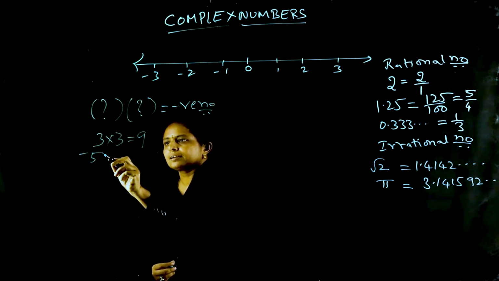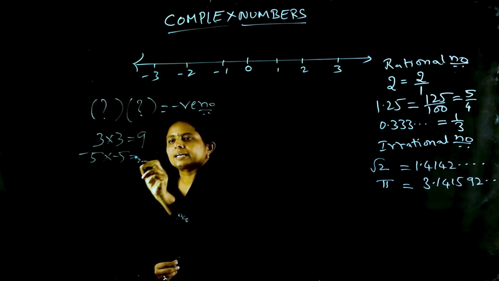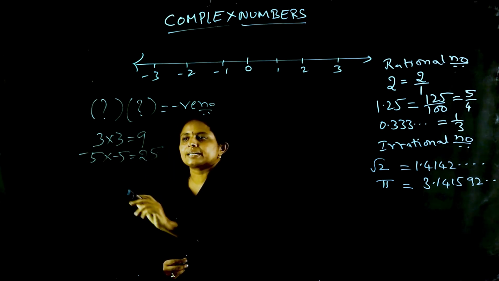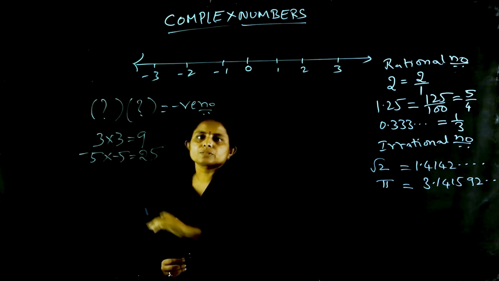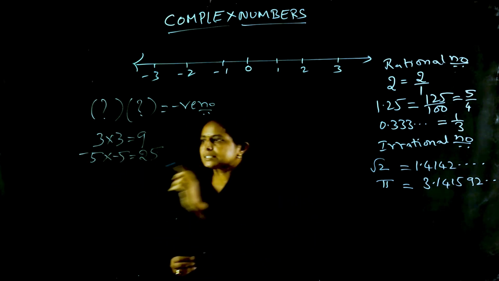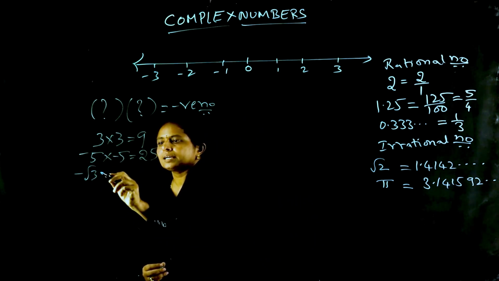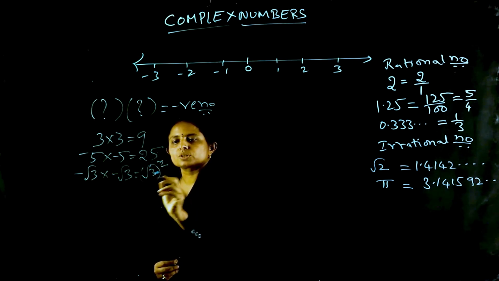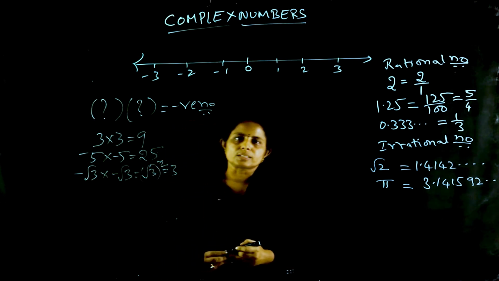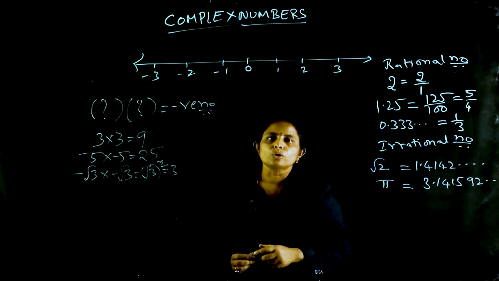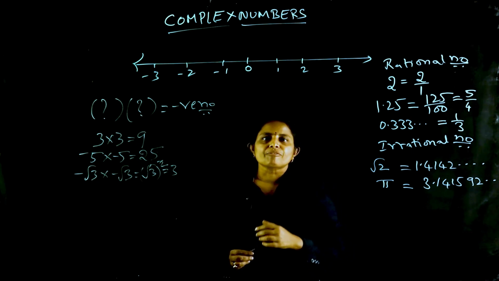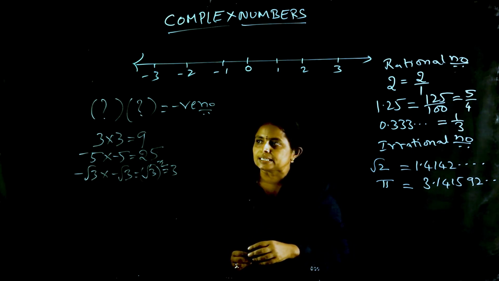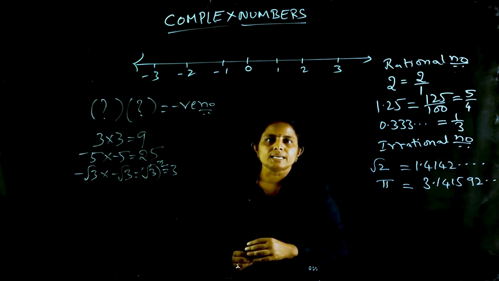Negative 5 into negative 5 is again positive 25. Minus into minus will become plus. Negative root 3 into negative root 3 is root 3 whole square, which is again a positive number.